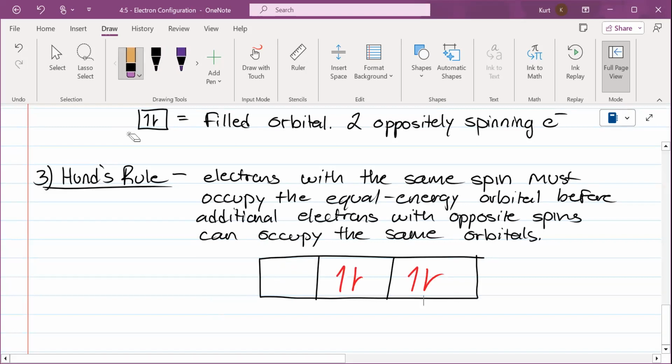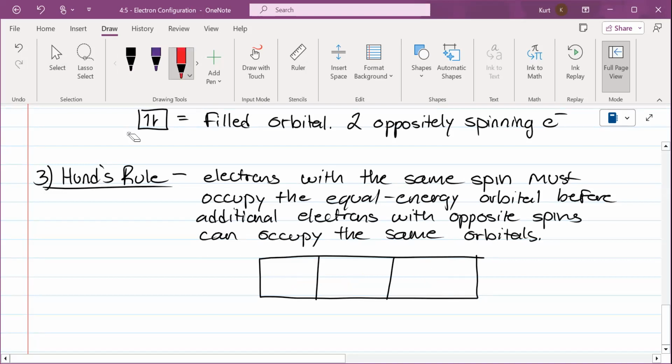So I'll do that again. When you're drawing electron configurations, you have to have all the electrons that are spinning in the same direction on an orbital first. Up, up, up. Okay. Then you go down, down, down. That's how you do it. Yes. You had 3 ups and 3 downs.